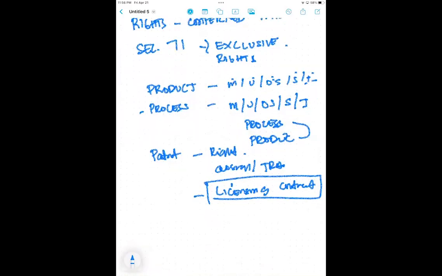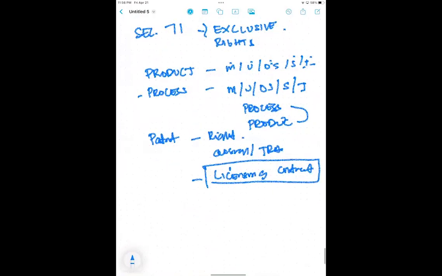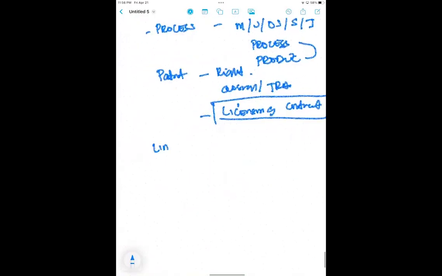Now, next topic is limitations. Okay? Limitations of patent rights.